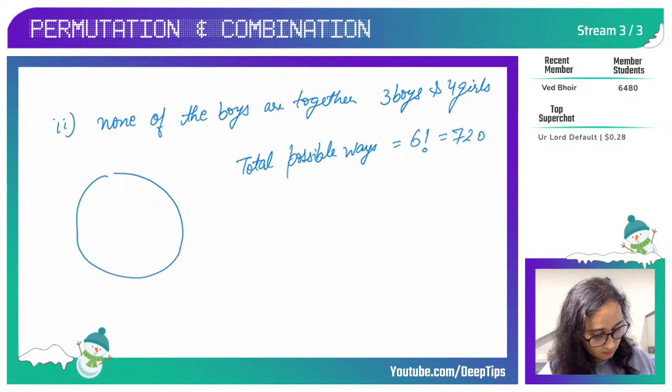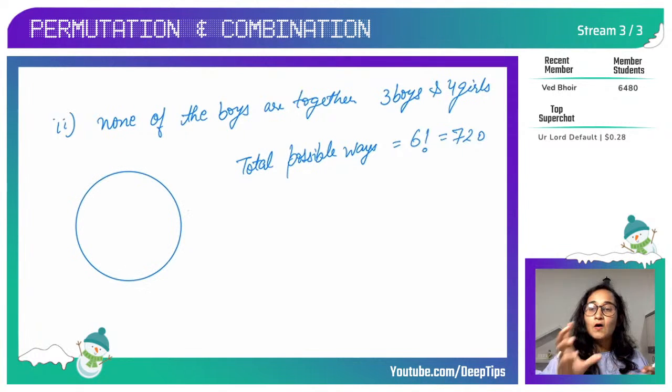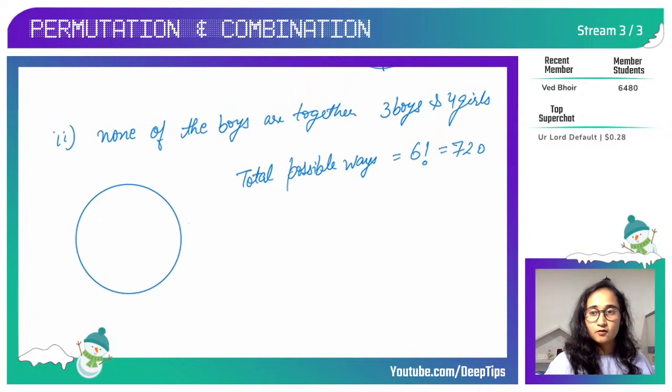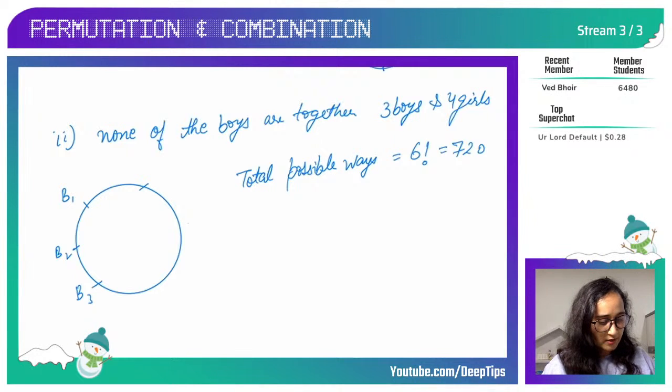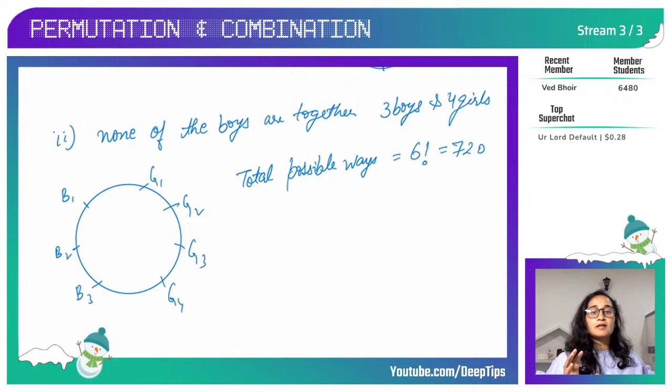So if I take all 3 boys together, now my question says that none of the boys are together, but if I consider that boys 1, 2, 3 are together, then my girls will obviously come together, right? If I get the answer for this question, I can subtract it from the total possible ways.